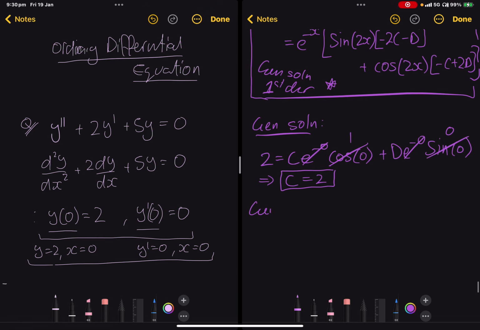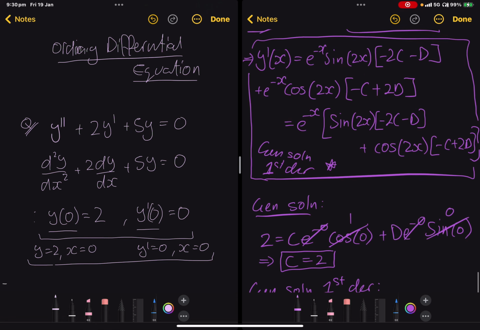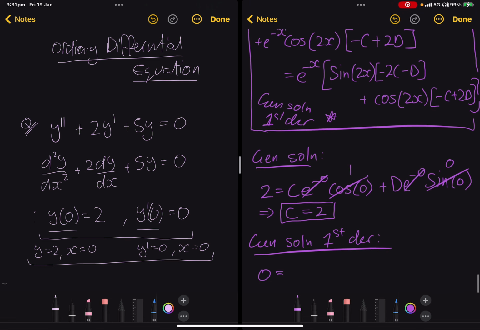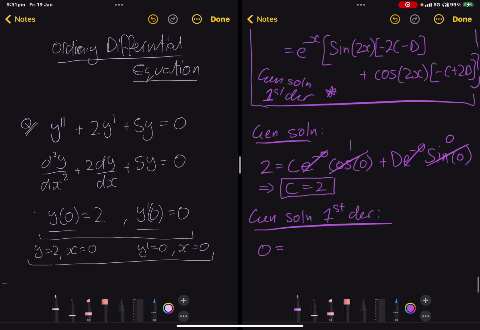So now the general solution's first derivative evaluation is going to be y prime of 0, which is 0, equal to, I'll use the second one because I can keep it on my screen here, e to the minus 0, times sine of 0, times minus 2 times c minus d.